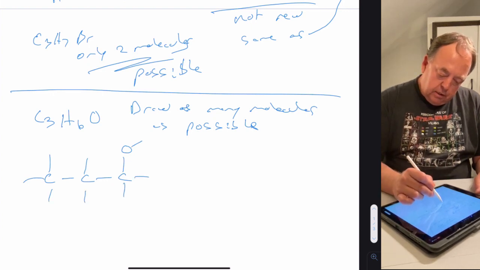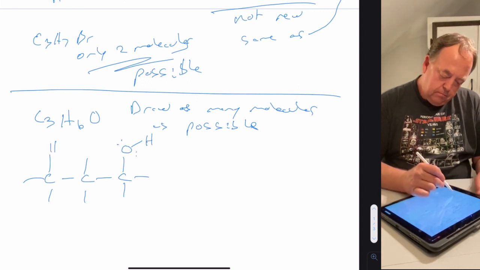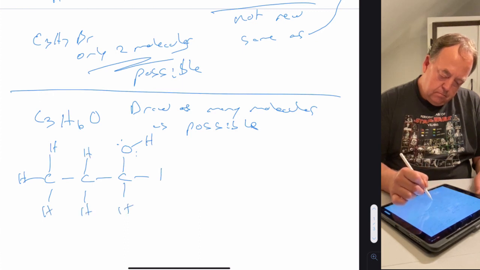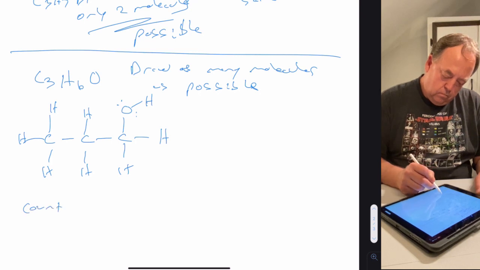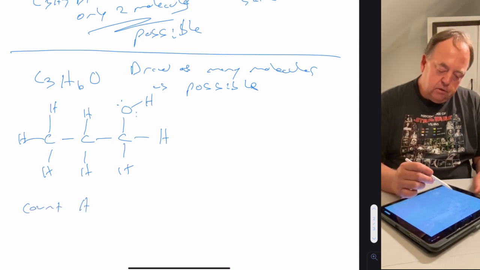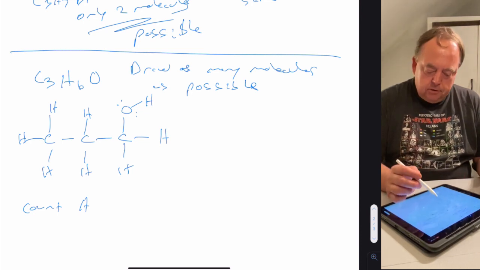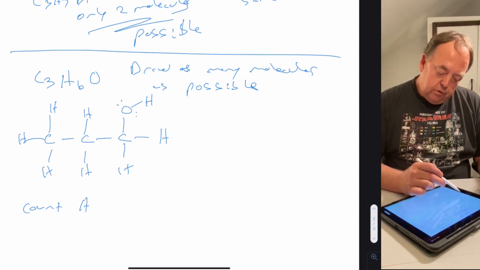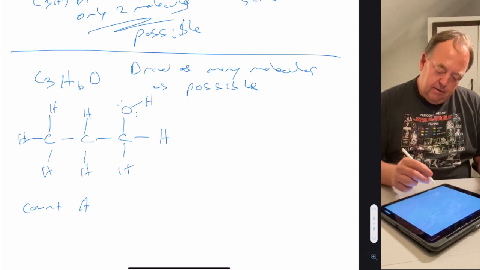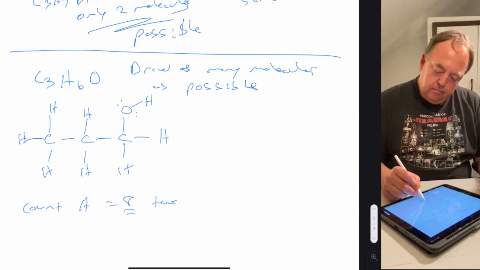And then oxygen typically has 2 lone pairs and 1 bond. So if we did that, and then count our hydrogens, carbon likes 4 bonds, oxygen likes 2 bonds and 2 lone pairs. So we have 1, 2, 3, 4, 5, 6, 7, 8, which is 2 too many.